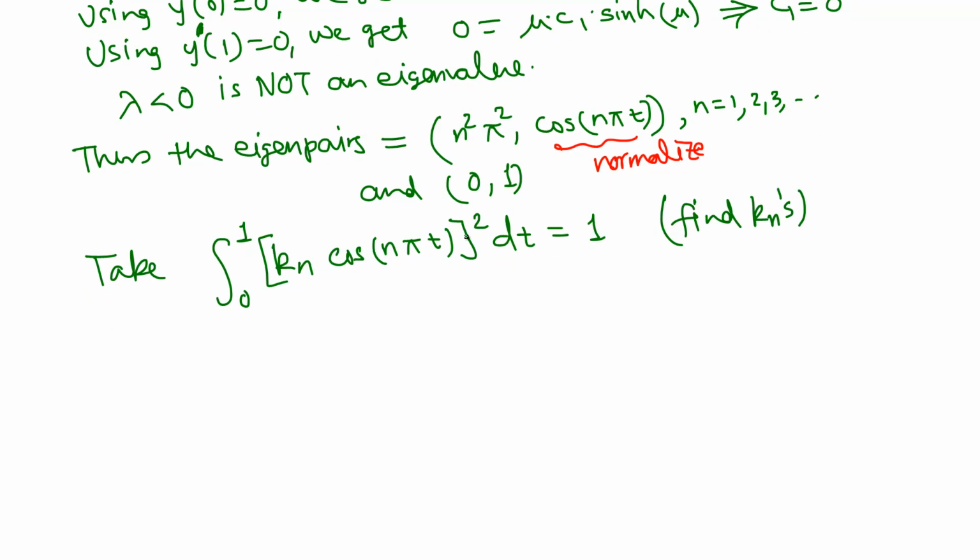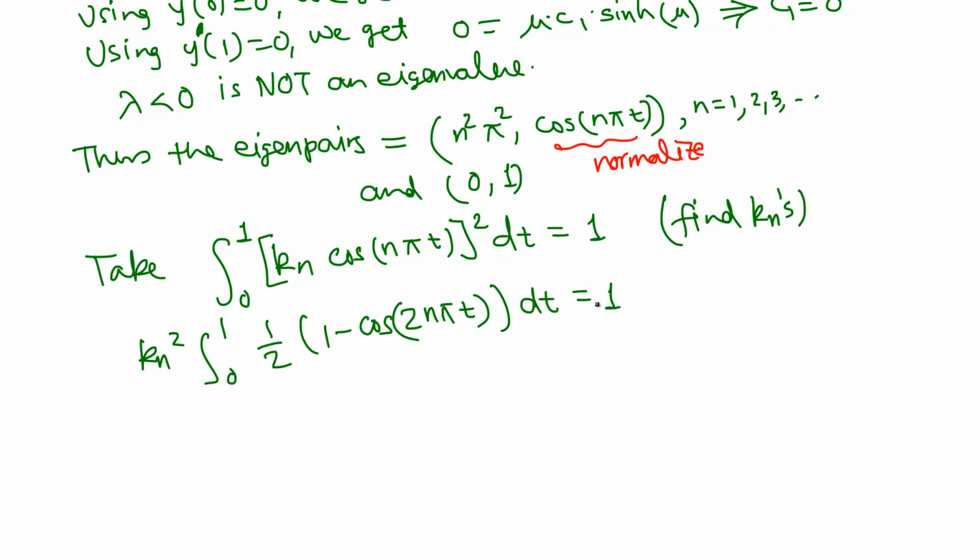So kn is squared, so we can pull it outside. Kn squared, that leaves the integral from 0 to 1 of cosine squared. Then how do we integrate cosine squared? Cosine squared theta is 1/2 times 1 plus cosine of the double angle, so 2 n pi t.